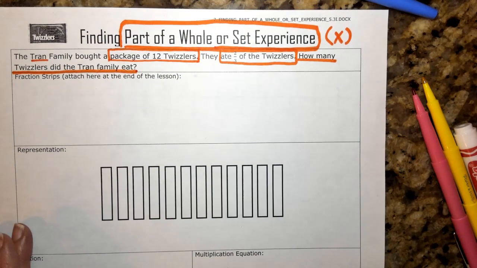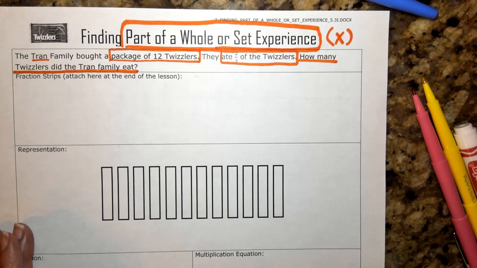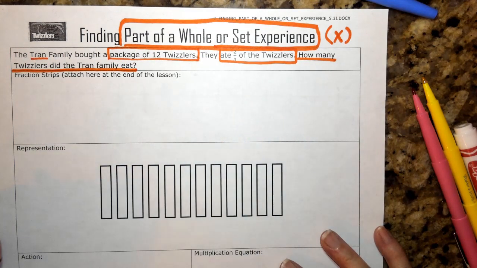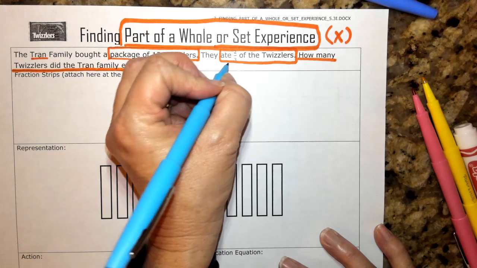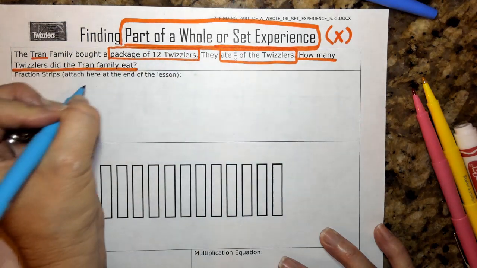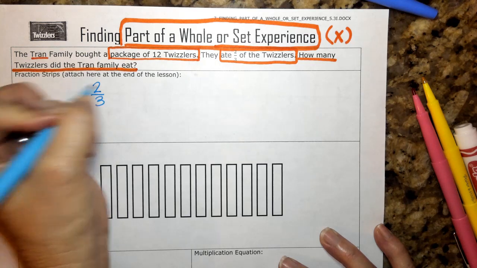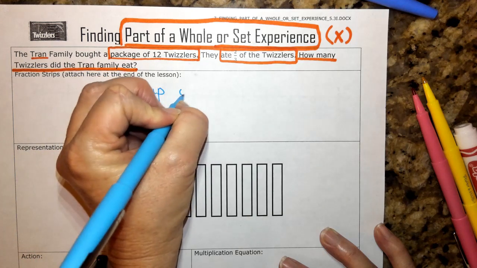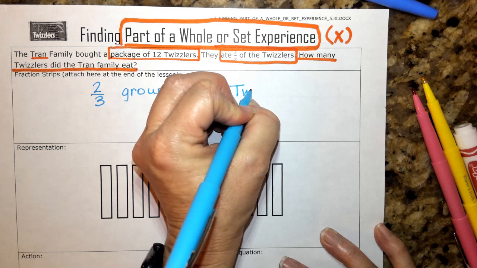And so at this time I'm going to take my pen and I'm going to label some information here in this box. So what we know is that the Tran family ate 2/3 of the 12 Twizzlers.